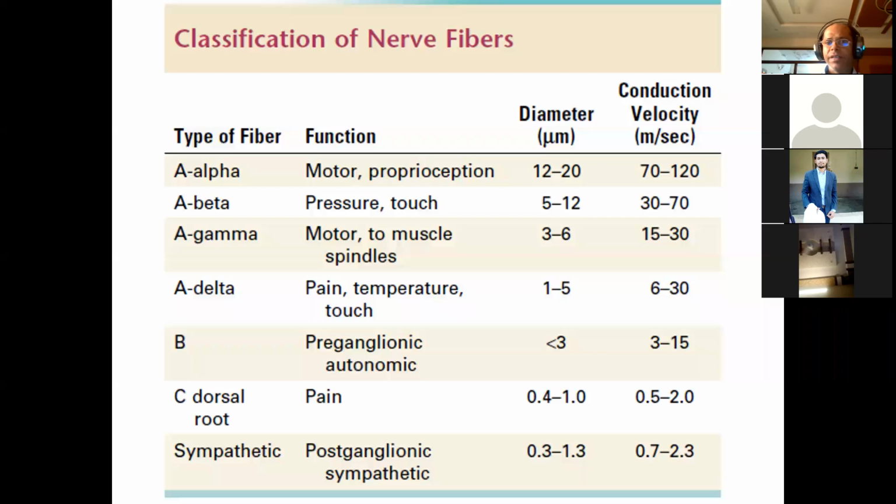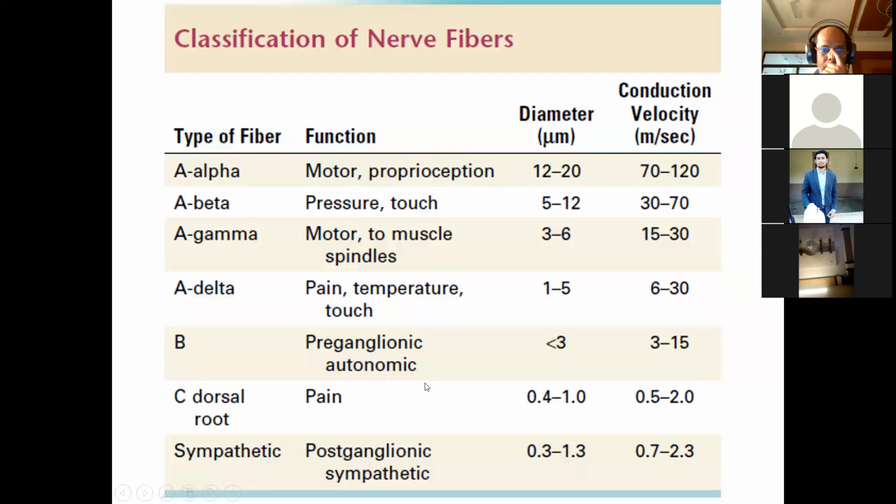A delta fibers are myelinated, fast-conducting fibers present in the periphery of the pulp, and they are responsible for the sharp acute sensitivity or pain that we feel.